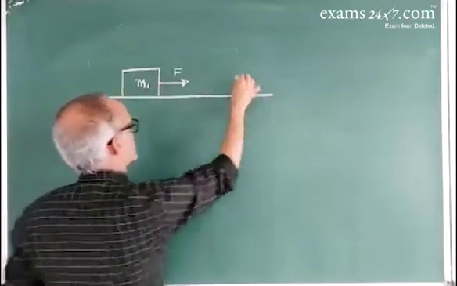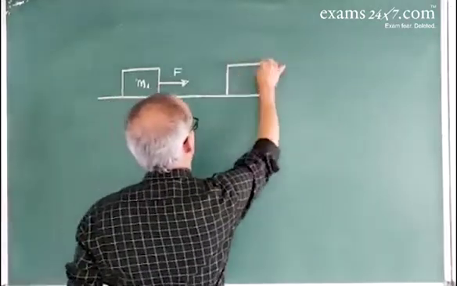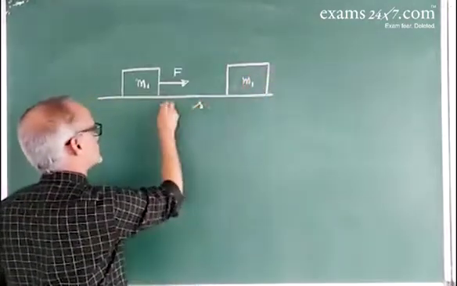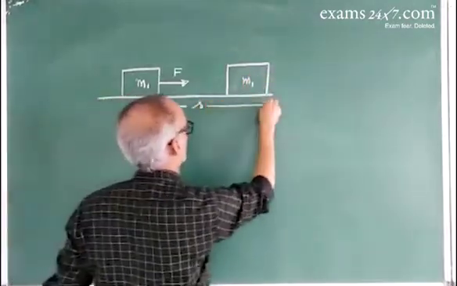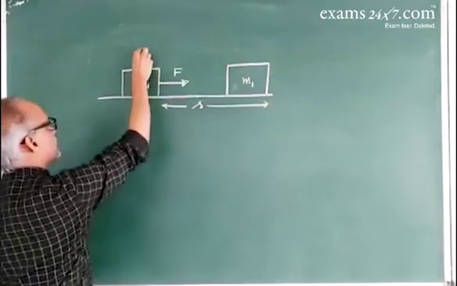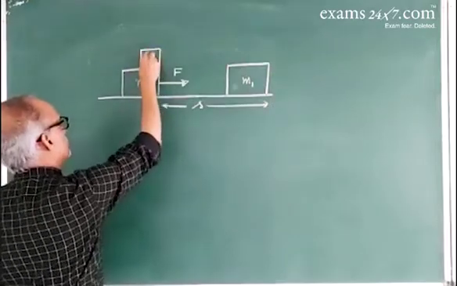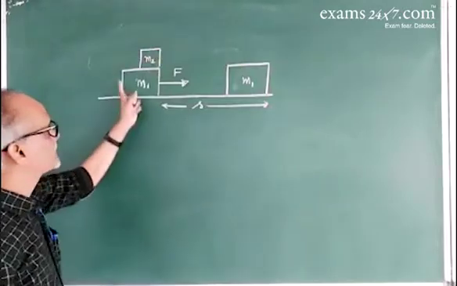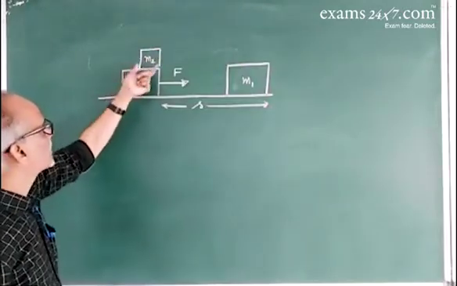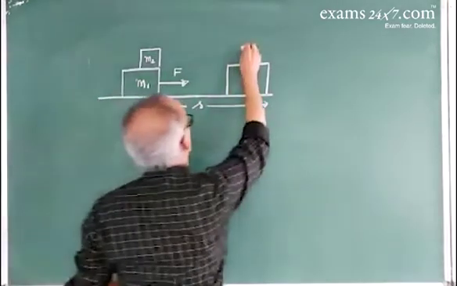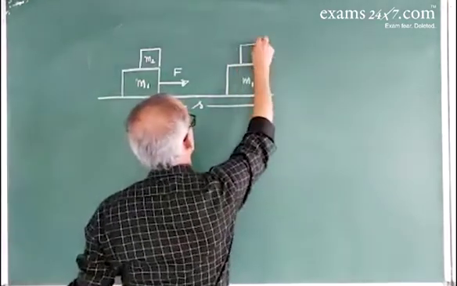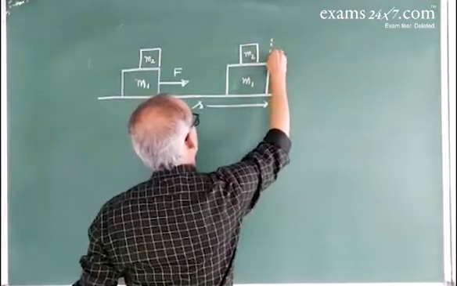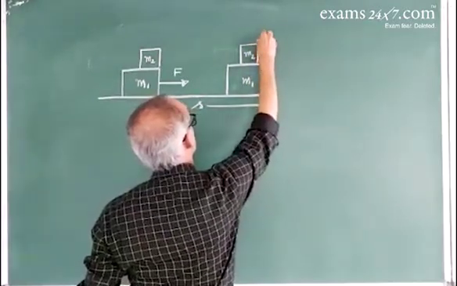The block gets displaced by a distance S, and on this block we have another block which is M2, and when M1 is displaced, this block M2 moves backward by a distance x.